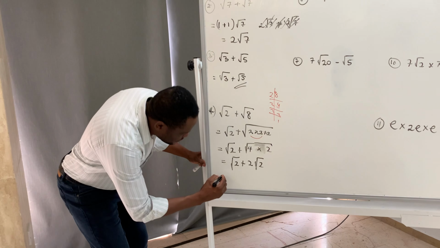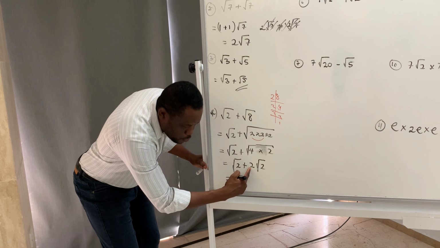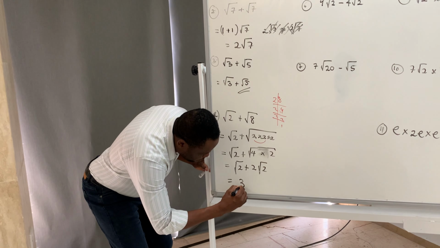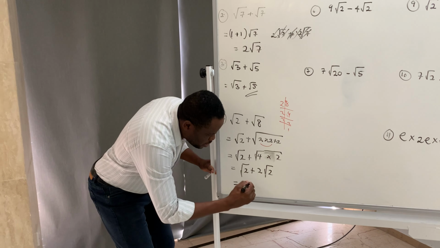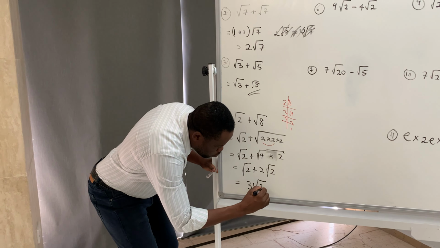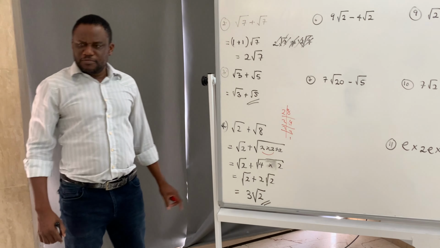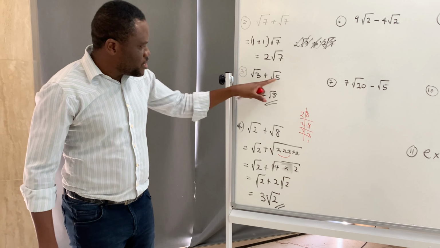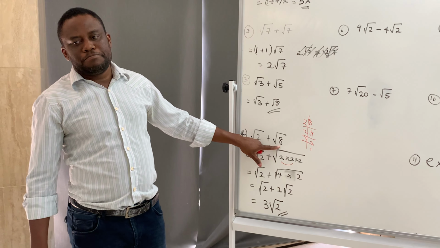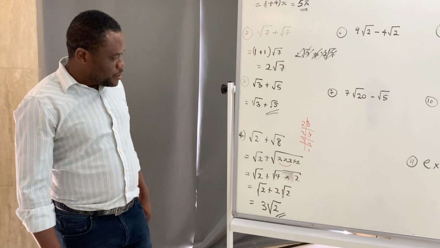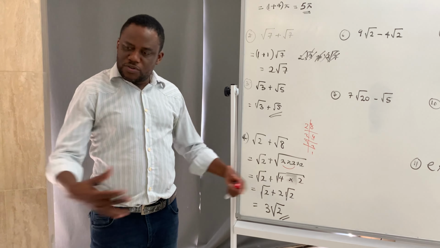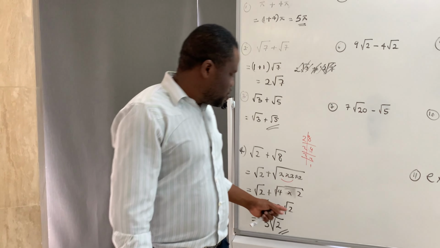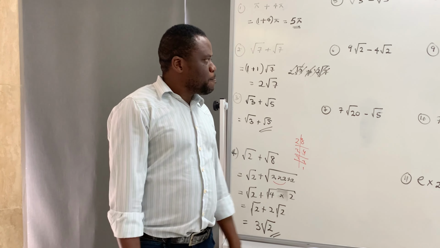So I can add this 1 plus this 2, and we have 3. And since root 2 is common, I keep it. And this is the answer. Please be careful. This and this cannot be broken down, but this can be. Okay? So multiplication can work together with different kinds of roots because it's multiplication.